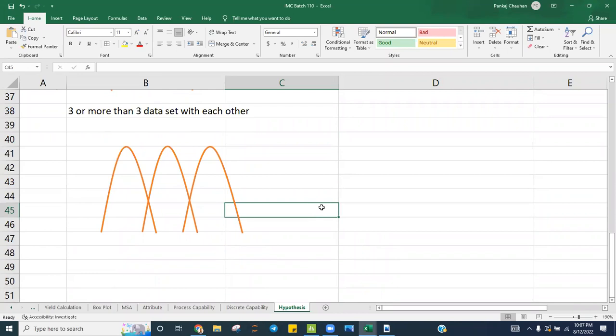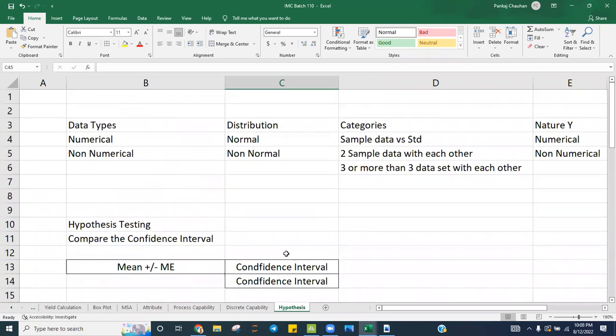Null means there is no difference. So anywhere there is no difference is a null. Alternate means there is a difference. So if anywhere you find any difference, that means it's an alternate. So at least one value is different in the alternate. If none of the values is different from each other, that means it's a null. Okay. Any doubt, sir? Further? No, sir.